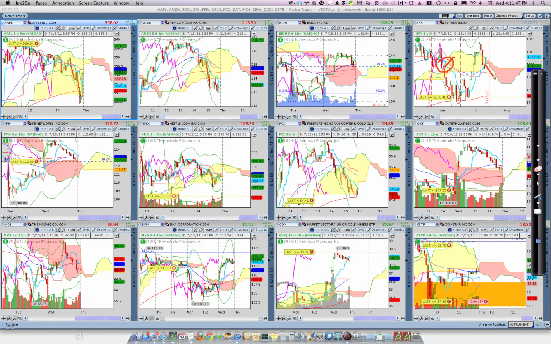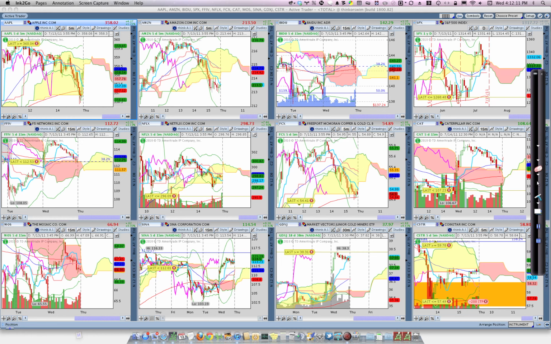We've also got a descending cloud. So my view on the SPX right now is a little bit cautious. We did not pass yesterday's low. We finished with this inverted hammer, which could very well propel us up through a thin portion of the cloud here, but it's going to have to work.